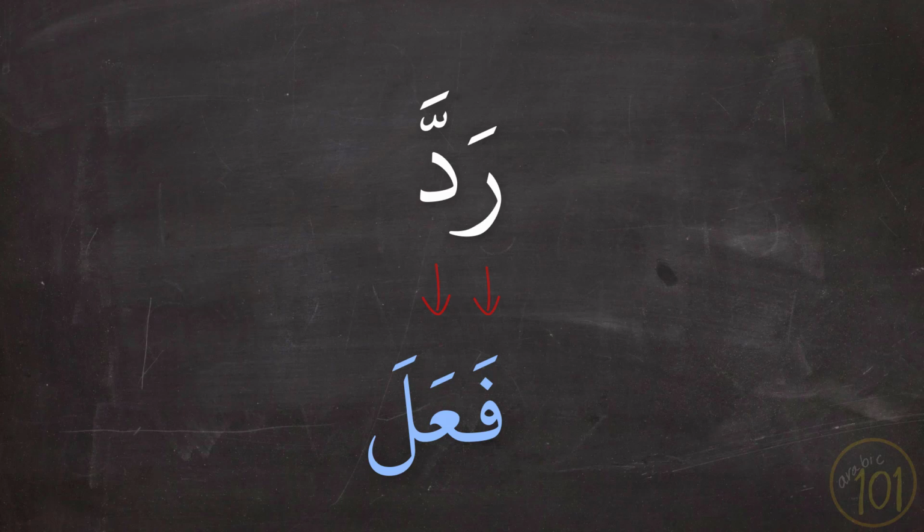Well, it might indeed look like it is a 2-letter verb, but in fact, they are 3 letters. Because the last letter, as you can see, is doubled, which means that it has shadda on top of it. So, radda is originally made up of 3 letters, radada, with double dal at the end of the verb. That's how it corresponds to the pattern fa'ala.